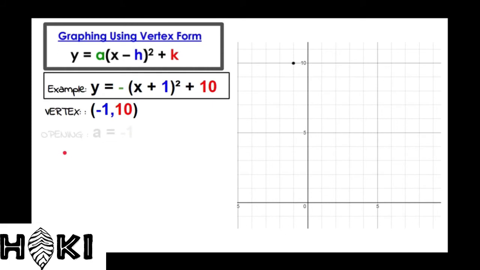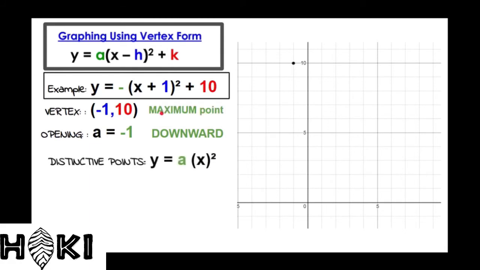Let's now identify the value of a. So the value of a here is -1. Since it is negative, we expect that the parabola opens downward. And that makes the vertex the maximum point. That only means that no points will be located above the vertex. Let's now have the other distinctive points so that we can graph the parabola.